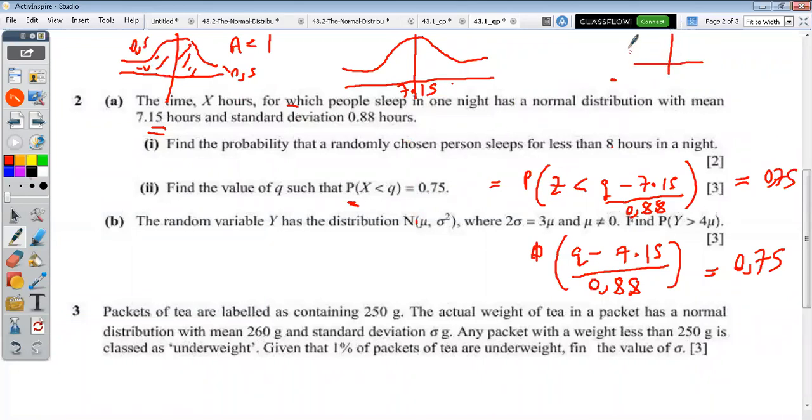If I shade this whole area here, it is the probability of Z, or X, being less than or equal to 0.5. Is that clear there? 0.5, because the other section is also 0.5.